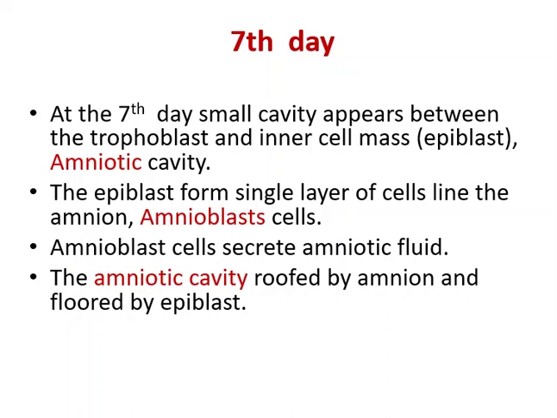As we mentioned before regarding the blastocyst, we have the outer cell layer, called trophoblast, and the inner cell mass, called epiblast. The epiblast forms a single layer of cells that line the amnion, called amnioblast cells. The amnioblast cells secrete the amniotic fluid, and the amniotic cavity is roofed by amnion and floored by the epiblast.